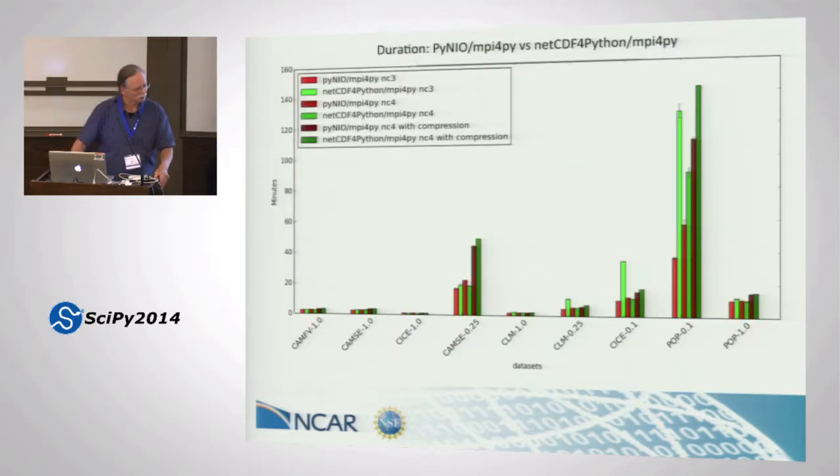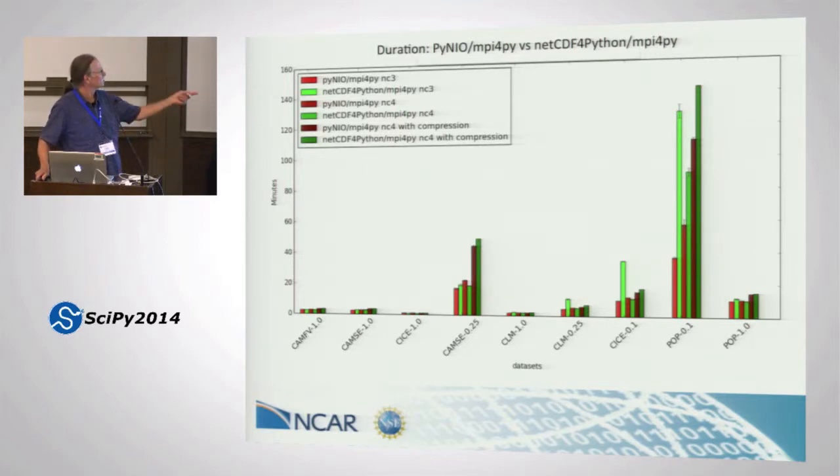So here's kind of what the results of this test were, and it's kind of interesting. I was really, to be honest, afraid that NetCDF for Python would do better, but in fact, PyNIO performs pretty well, and especially in the NetCDF3 case, you can see that PyNIO is quite a bit faster for large data.